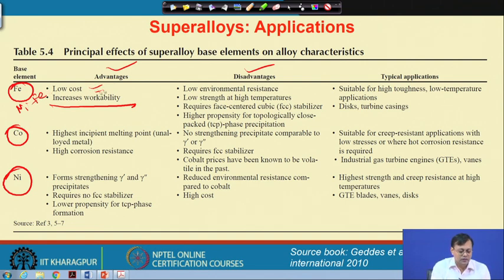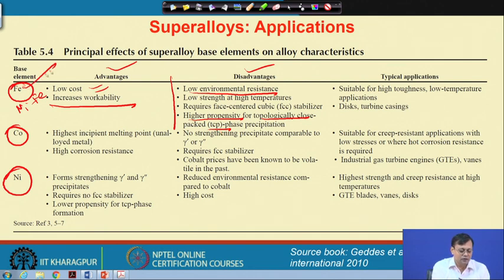They always have a relatively low cost and very good workability. Okay. So, forming operation is much easier. On the other hand, they have a relatively low environmental resistance and a higher propensity for forming TCP phases, which are not desired.